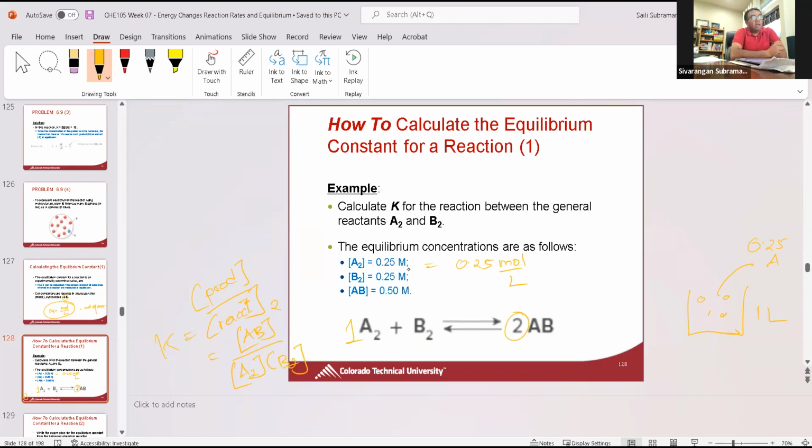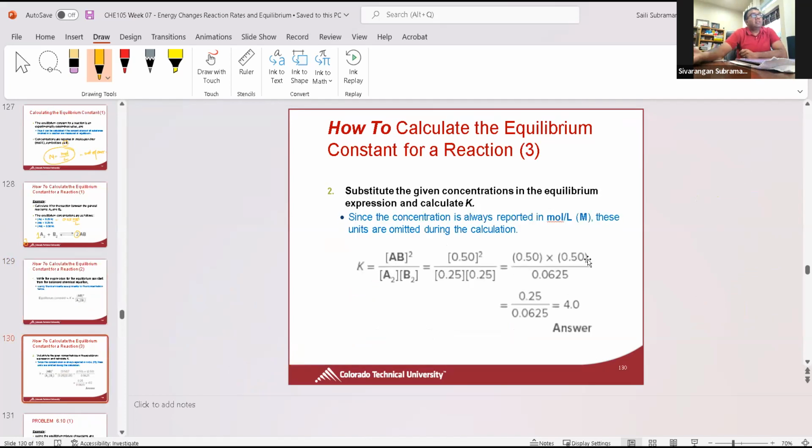Now they've given you the values of the concentration, so you can get 0.5, don't forget the square, 0.25 times 0.25. And when you do the math, you'll get the equilibrium constant as 0.5 times 0.5, divided by 0.0625, and you get the answer as 4.